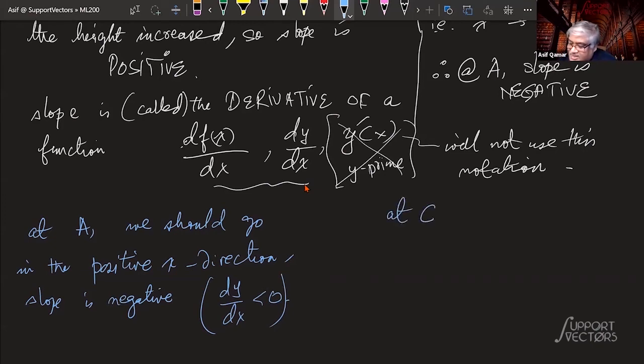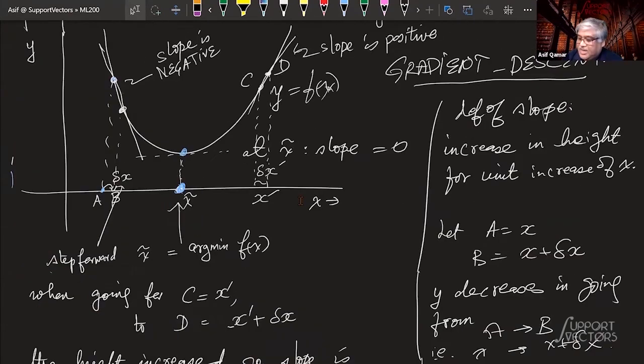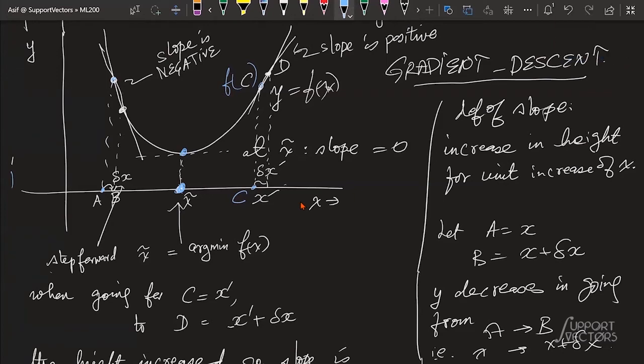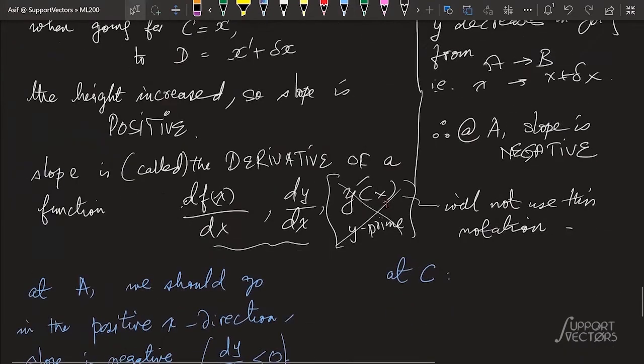At C, where is C? Let's go back and look at C. If you are at C, guys, do you want to go in the positive x direction or negative x direction to decrease y? Negative x direction.